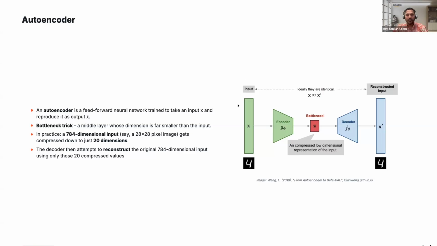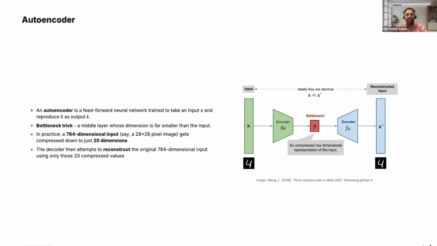The left half, the encoder, compresses the input x down to that small c. The right half, the decoder, then tries to reconstruct x hat, or x prime, from the code vector. Concretely, a 28 by 28 image is a 784 dimensional representation, and if we force it through a 20-dimensional bottleneck, the decoder has to rebuild all 784 pixels from just those 20.